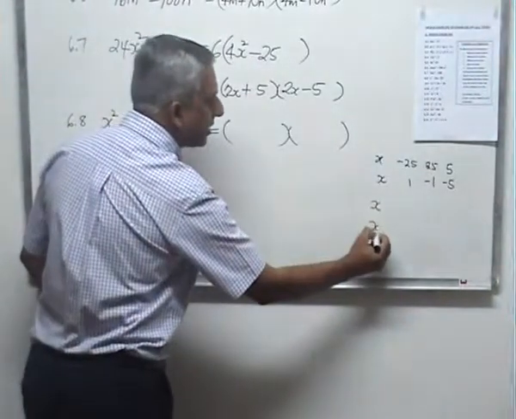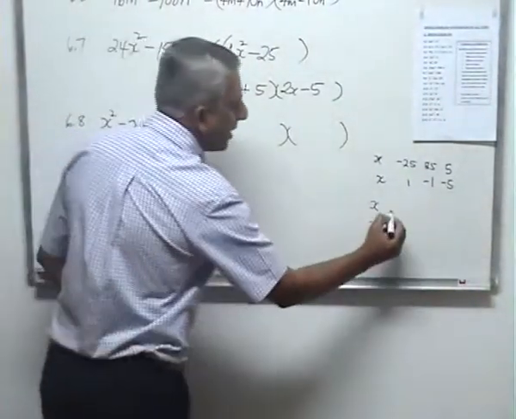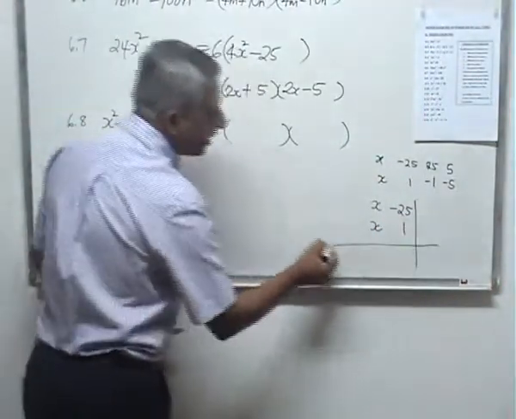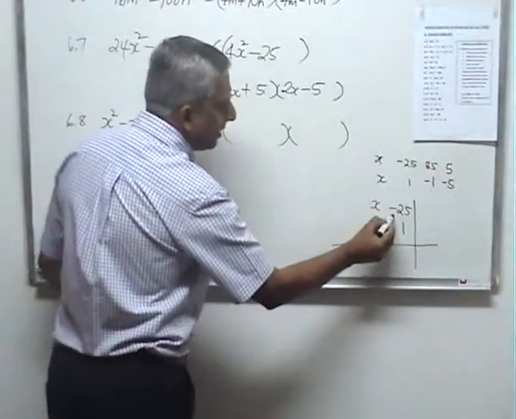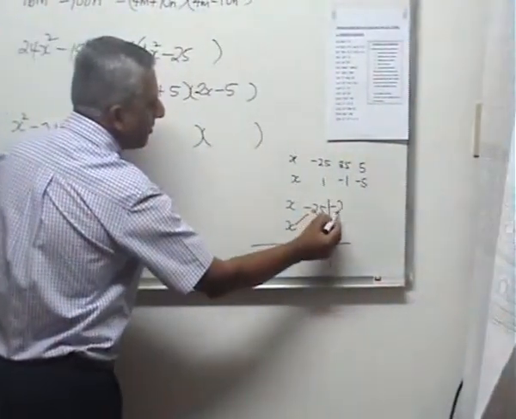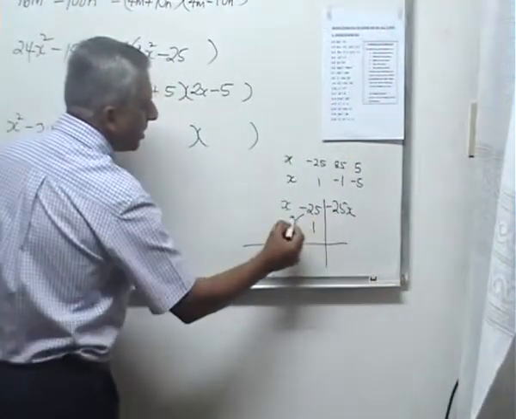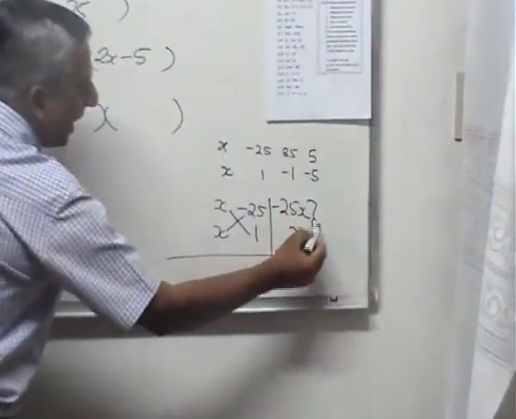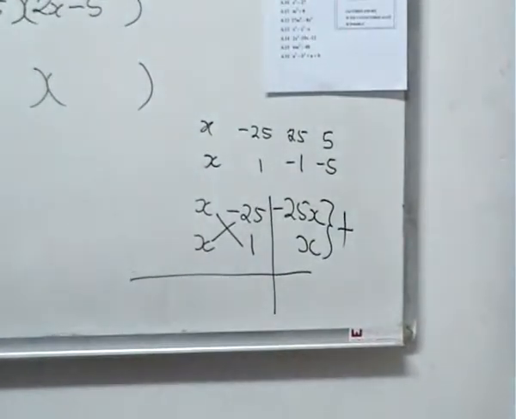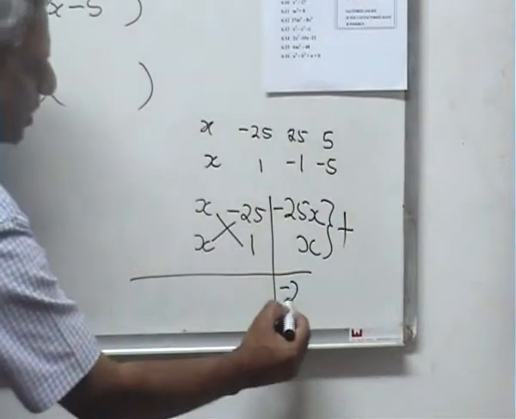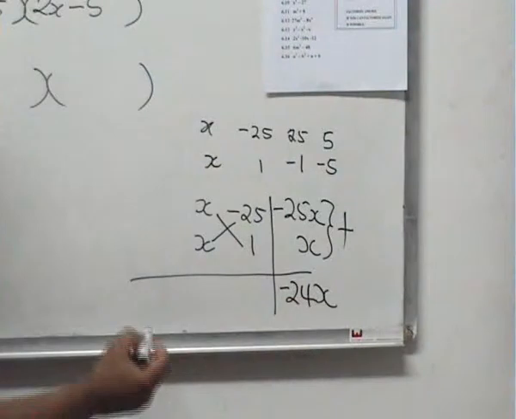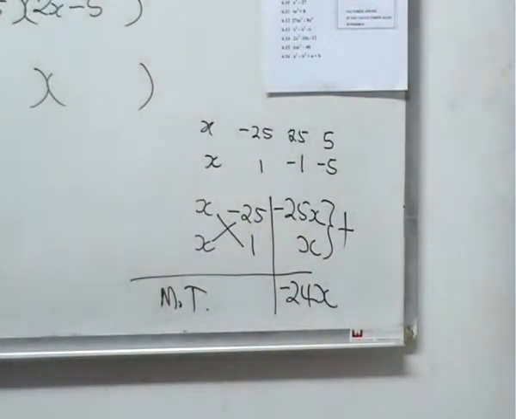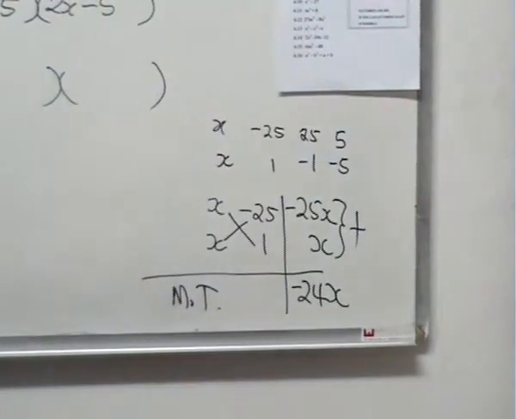So there's your x, and there's your x, and there's your minus 25, and there's your 1. When you multiply, x times minus 25 gives you minus 25x. X times 1 gives you x. When you add these up, you get minus 24, and that's your middle term. You are looking for minus 24, so that's the right combination.